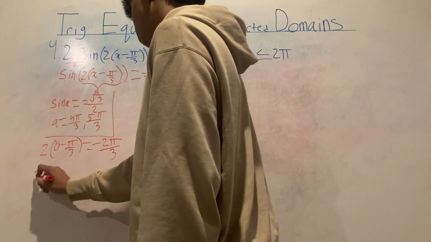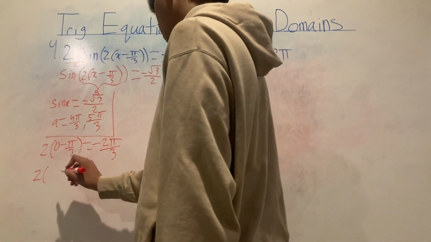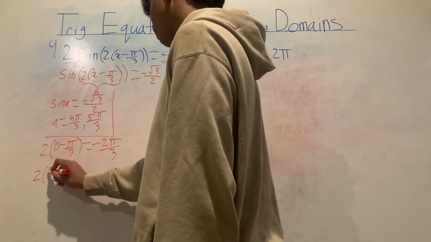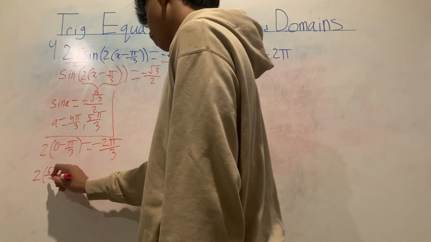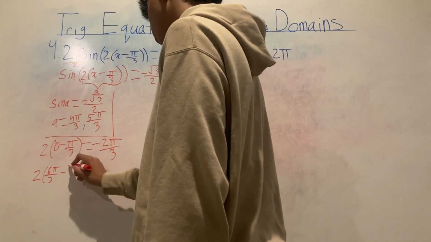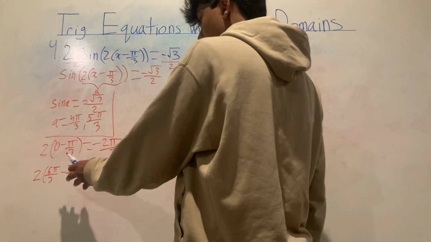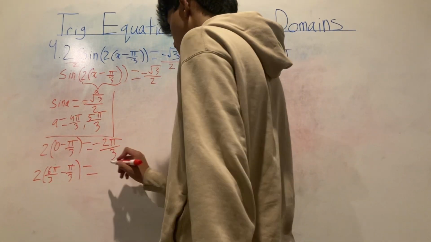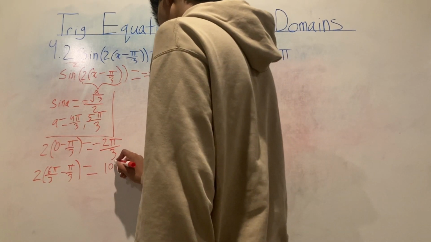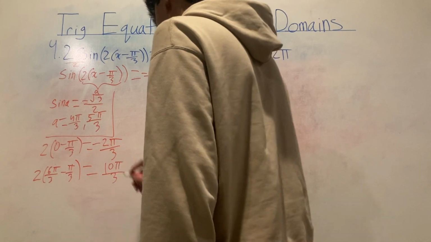And now 2 times 2 pi, which is just 6 pi over 3, minus pi over 3 is going to equal, so 5 pi over 3 times 2 is 10 pi over 3.